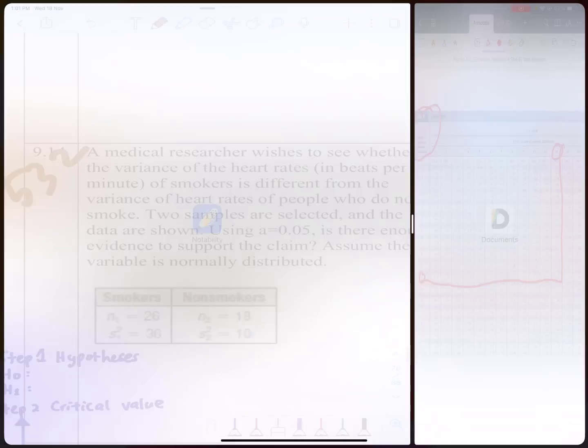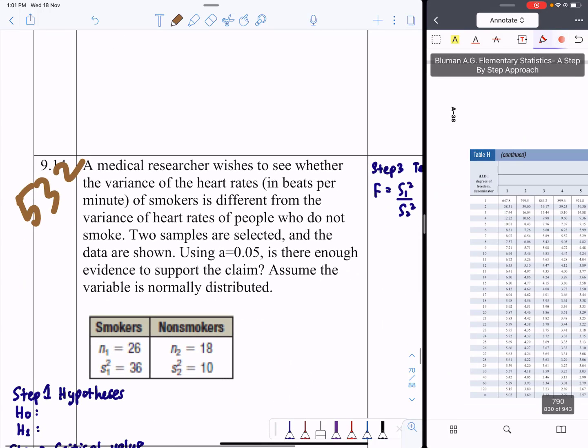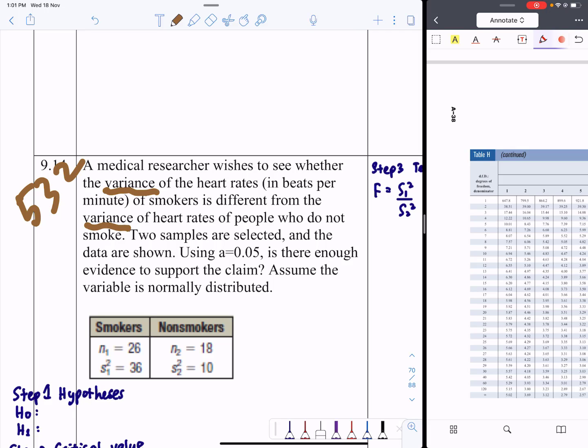A medical researcher wishes to see whether the variance of the heart rate of smokers is different from the variance of the heart rate of nonsmokers. You see, here they give you variance. For proportion, they give you proportion. For the t-test and z-test, they give you mean. How to differentiate t-test and z-test?